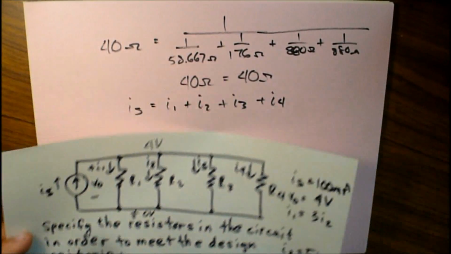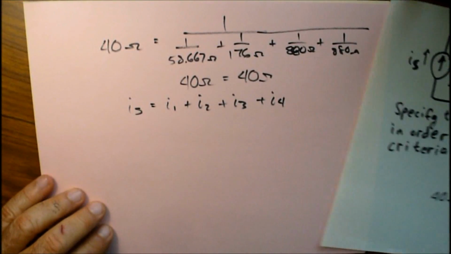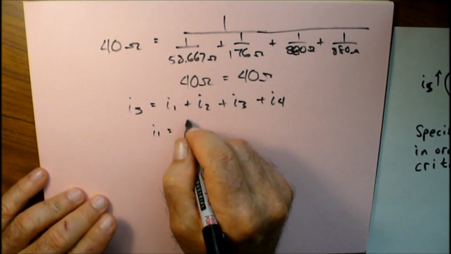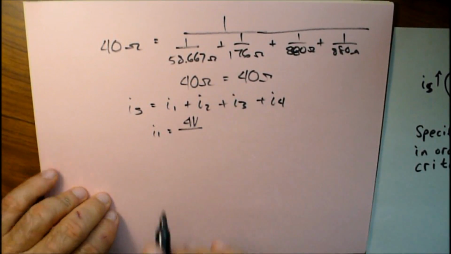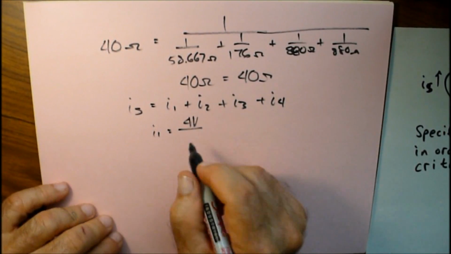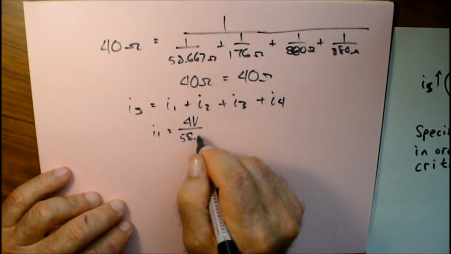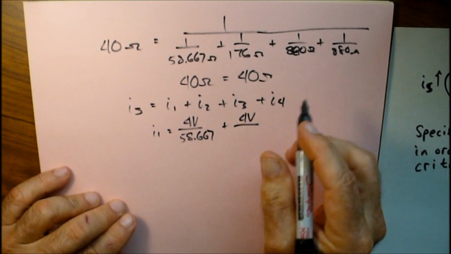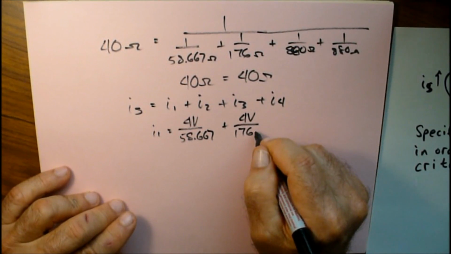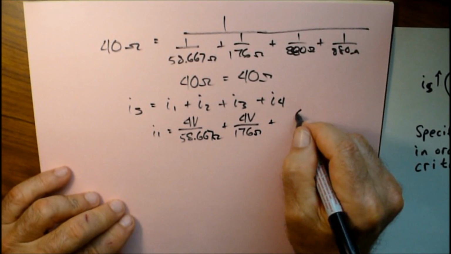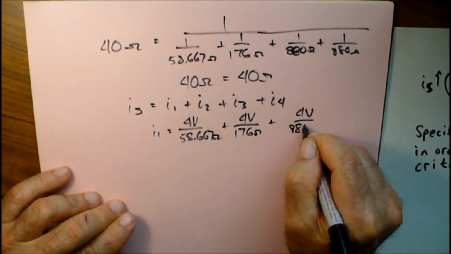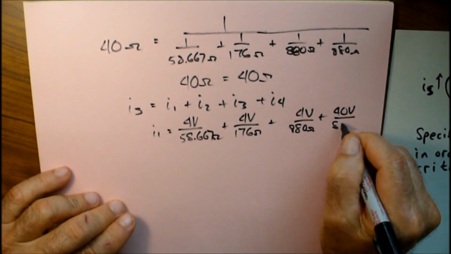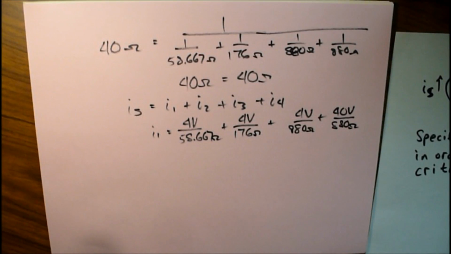So first off, we want to find out what these currents are. Well, I1 is equal to, we said it's 4 volts, the voltage, divided by the resistance, which is going to be over R1, 58.67, plus 4 volts divided by 176 ohms plus 4 volts divided by 880 ohms plus 4 volts divided by 880 ohms.